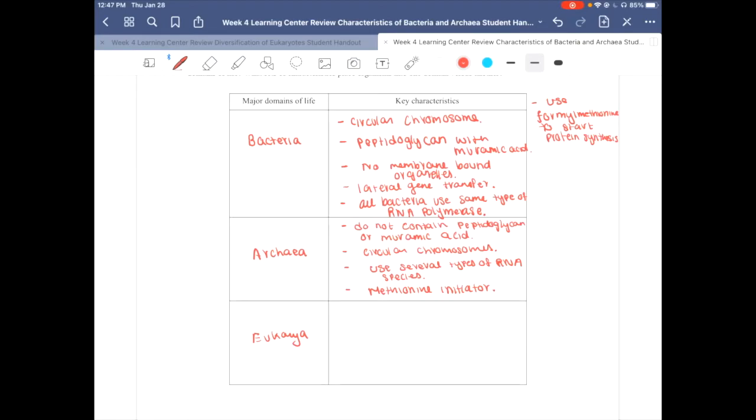Do we have a double membrane, nucleus, or membrane-bound organelles? Yes, membrane-bound organelles. Great answer. Yep, that's right. Linear chromosomes as well.